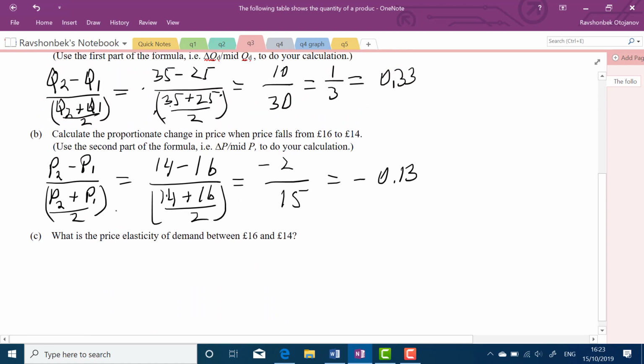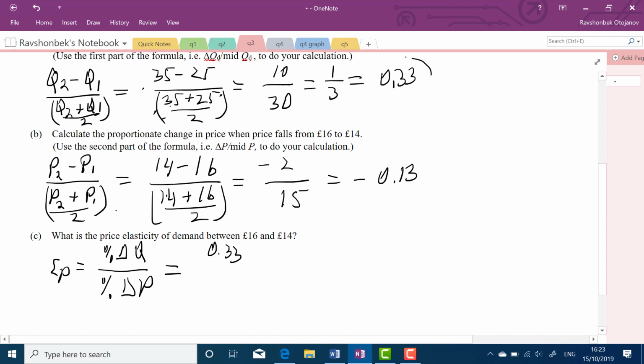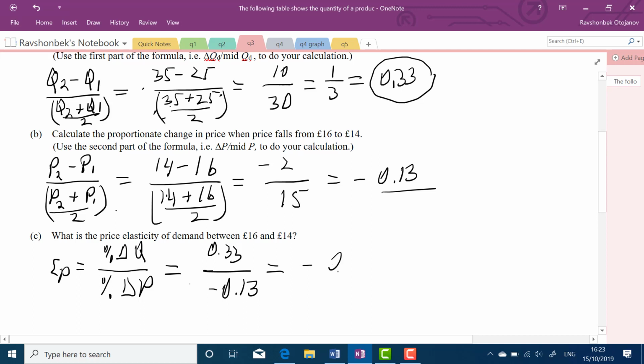So remember the price elasticity of demand formula was, just to rewrite it here, percentage change in Q over percentage change in P. Percentage change in Q is 0.33 from here, and the next one is this 0.13, and it equals negative 2.5.